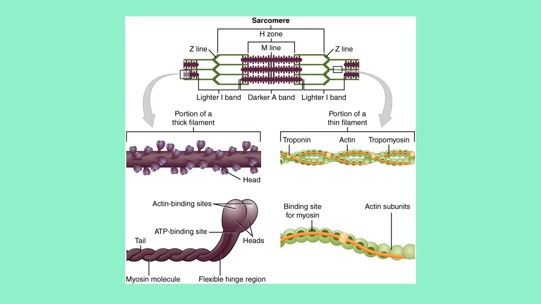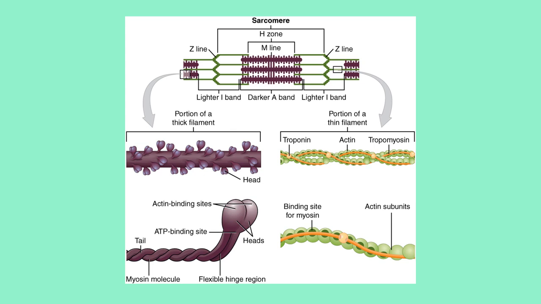If the binding site's covered up, then that means the myosin cannot bind to that site. It's kind of like you cannot stick a key in a keyhole if your hand is covering up the keyhole. You're going to have to move your hand in order to put the key into the keyhole.